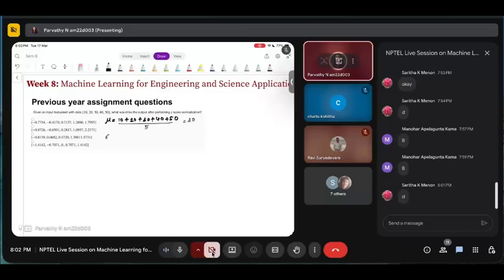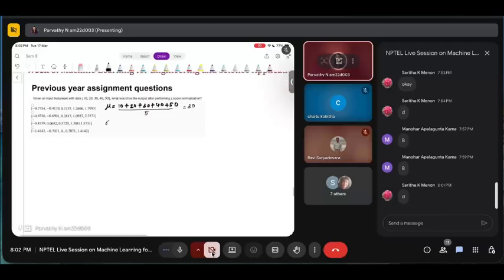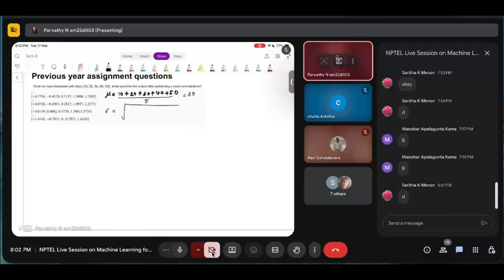And for finding the standard deviation, we take the square root of 10 minus 30, the whole square, plus 20 minus 30, the whole square, plus 30 minus 30, the whole square, plus 40 minus 30, the whole square, plus 50 minus 30, the whole square, divided by n, which is 5.